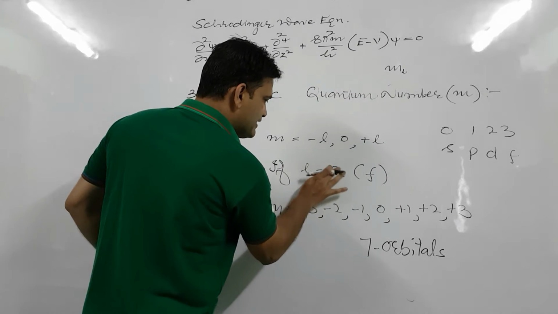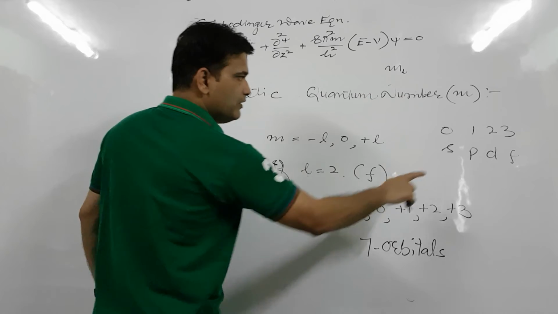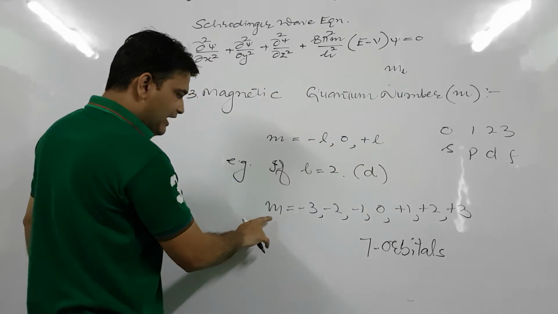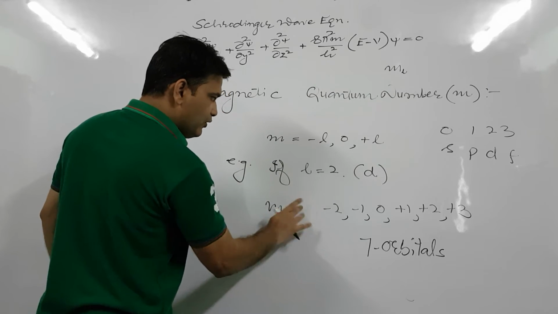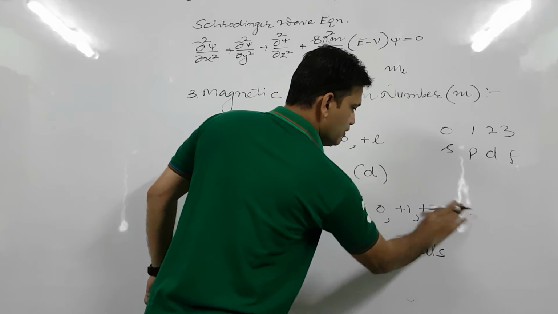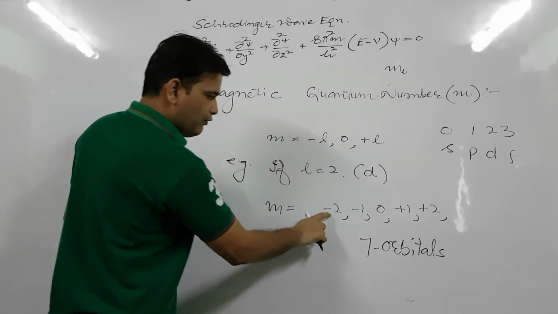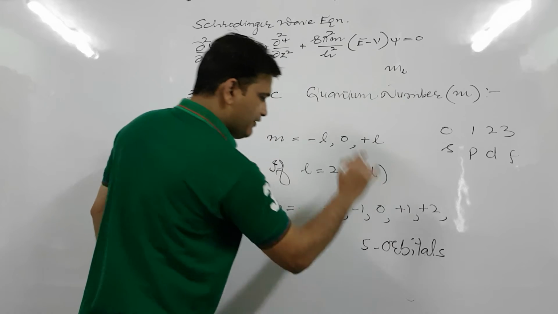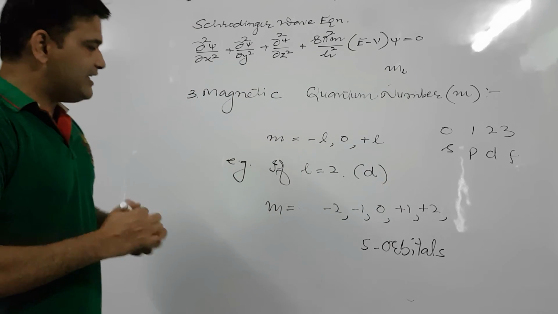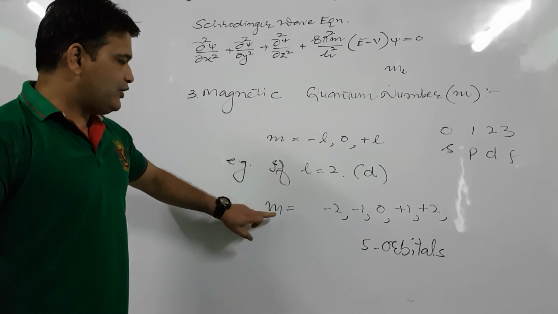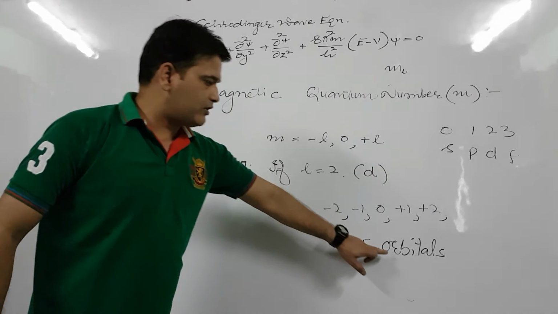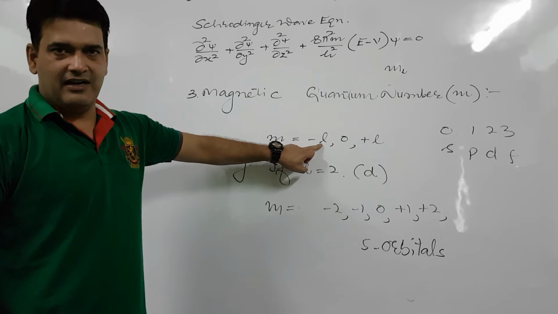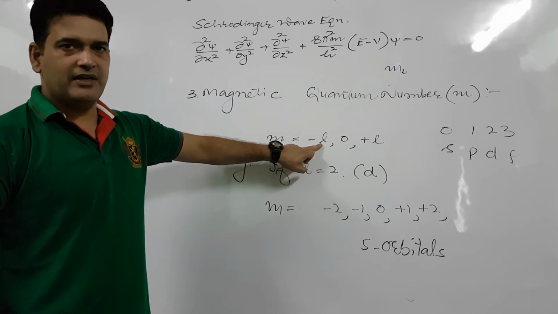Likewise, if L is equal to 2, then the subshell will be D. Then the value of M will be from minus 2 to plus 2: 1, 2, 3, 4, 5. So there will be 5 orbitals. So it is clear that the value of M tells us about the orbitals and it depends upon the value of L, the azimuthal quantum number.